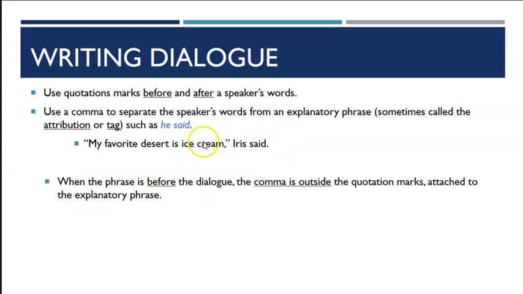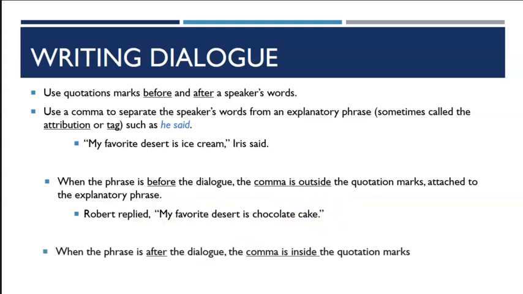When that tag or explanatory phrase is before the dialogue, then the comma is outside the quotation marks, attached to the explanatory phrase. Robert replied, "My favorite dessert is chocolate cake." And so those words are in double quotation marks on each end with the period on the inside.